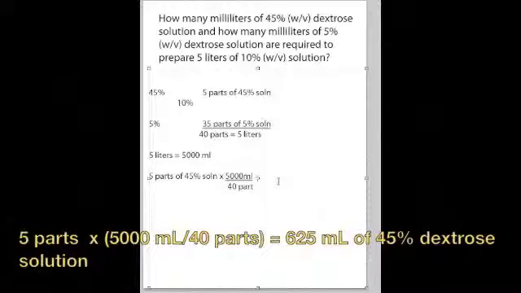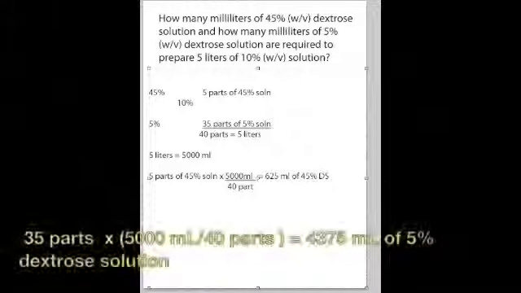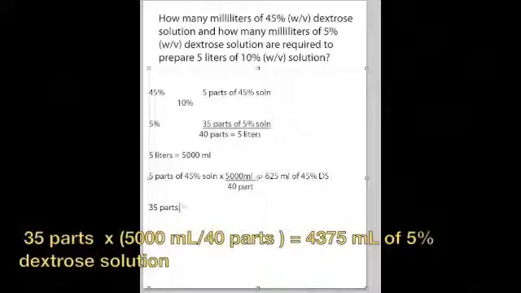And you will get 625 mLs of the 45% dextrose solution. Now for the 35 parts of the 5% solution, you also multiply by 5,000 mLs and divide that by 40 parts as well.